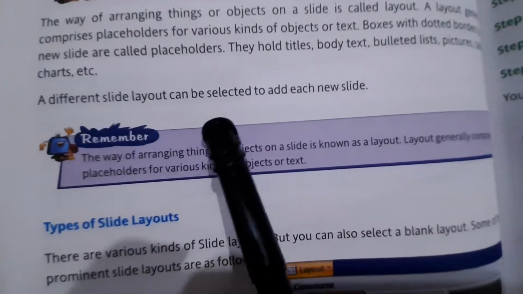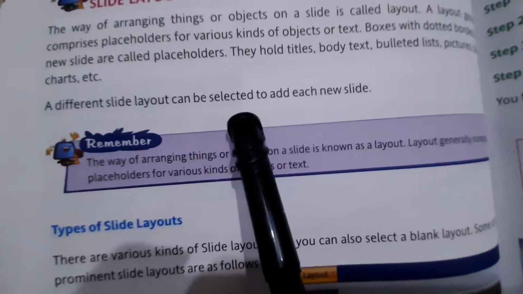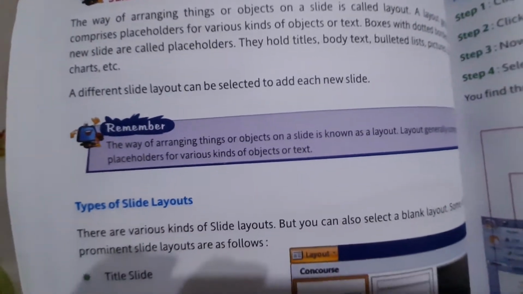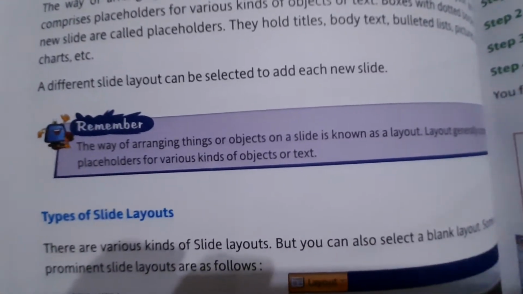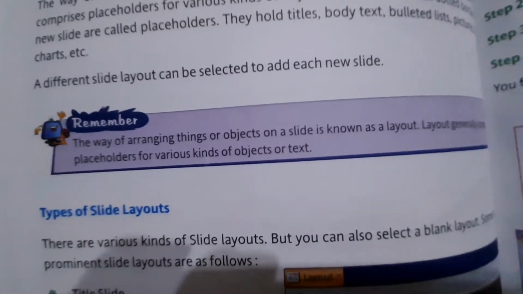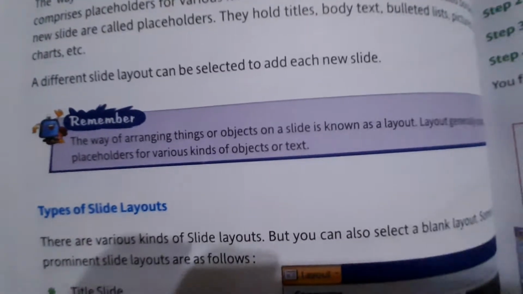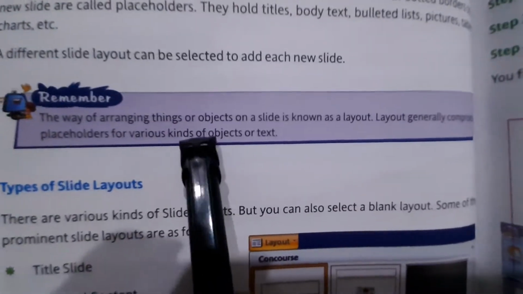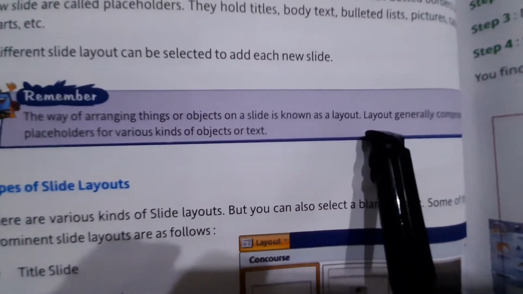A different slide layout can be selected to add each new slide. We can change the slide layout with each of our slides. If you have 30 slides in a presentation, for each one of them you can choose a different layout, or you can repeat after a particular interval. Now remember, the way of arranging things or objects on a slide is known as layout.